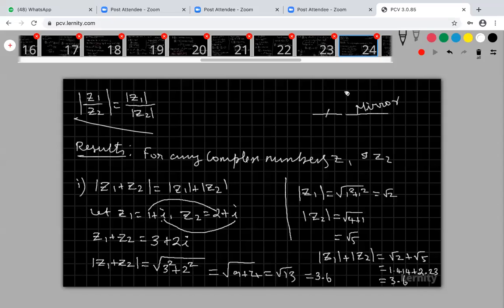Consider this is your mirror. The image in your mirror is like this. Therefore, if this line acts as a mirror and this is the original point, then the image of this original point is coming here. So this point is called the mirror image of this point.